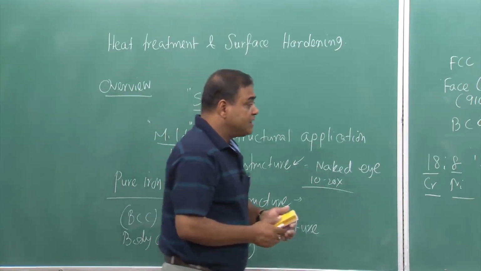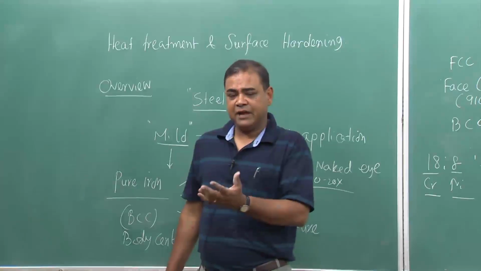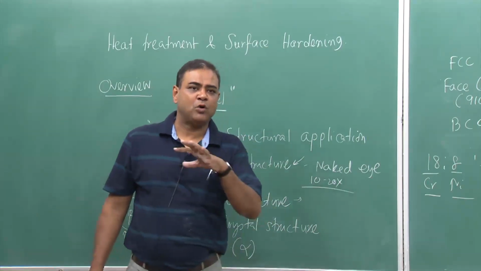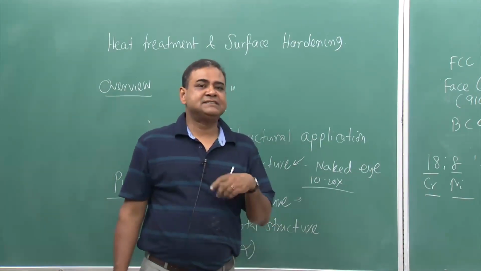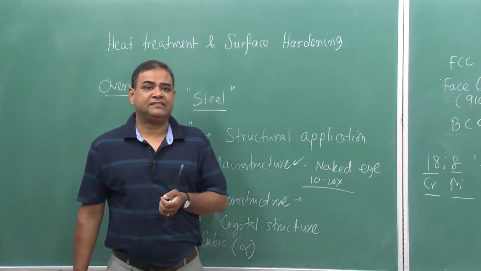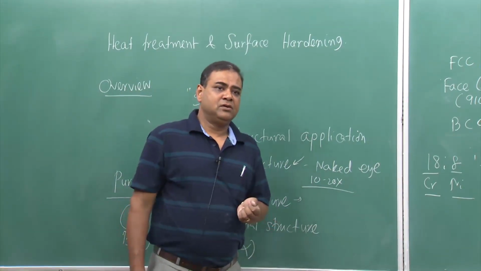But how can we see under a microscope? We have to polish it, and polish it in such a way that we can see our face on the surface of that polished surface, and then we have to etch it. Etching is nothing but an electrochemical reaction with an acid, which is normally nitric acid.